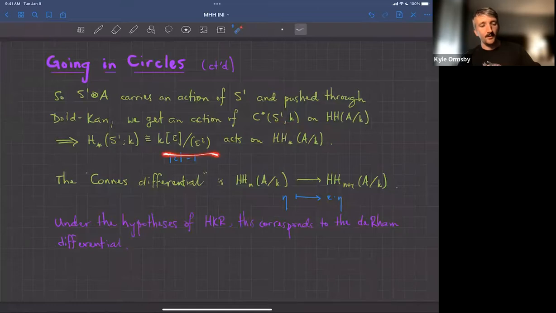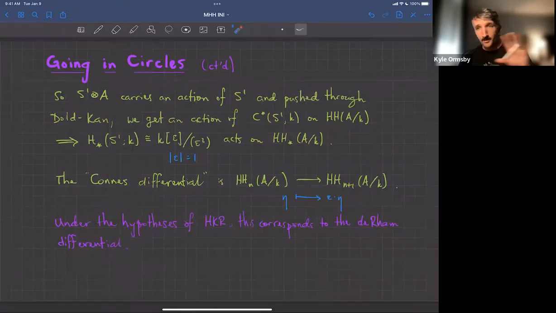It's this nice algebra here where the degree of epsilon is 1 and epsilon squares to 0. So that tells us that we can act on these Hochschild homology groups by just multiplying by epsilon. And that is the so-called Connes differential, which under the hypotheses of Hochschild-Kostant-Rosenberg recovers the de Rham differential.